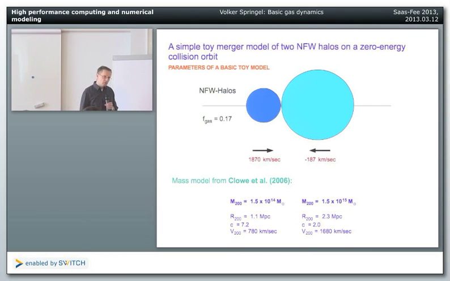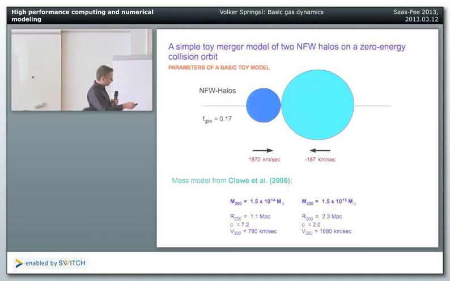But I want to show you that if you do simulations and want to understand whether we really see a galaxy cluster merger or collision here, and maybe confirm whether the mass model is realistic, do I get such a shock from the right collision? For example, we can make a model that was suggested in the mass modeling in the Clowe paper. Maybe the parent cluster has a mass of 1.5 times 10 to the 15 solar masses, and the bullet might be up to a factor of 10 smaller.